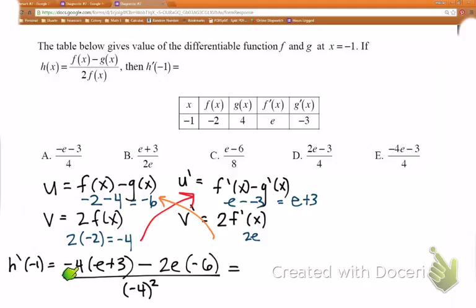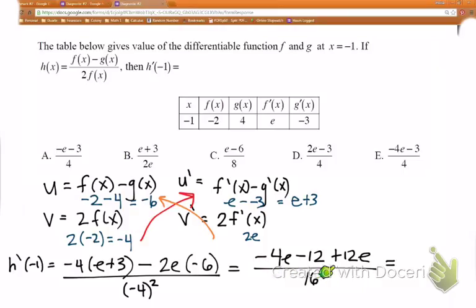So if I want to simplify this, I can distribute the -4 and multiply that out. So over here I get -4e minus 12. Right here I get positive 12e. And on the bottom when I square -4 I get 16.